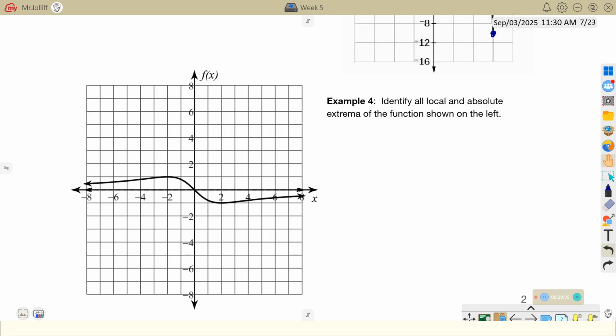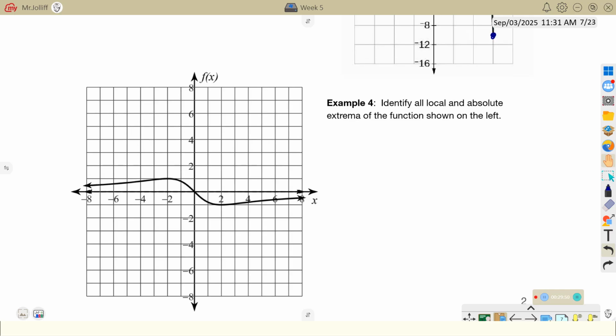Let's see. We'll start with maximums. Sylvia, where do you see a maximum in that graph? X equals what? -2 and 1. We have a vote for -2 and 1. Can I get thumbs up if we agree? I see thumbs up popping up around the room.